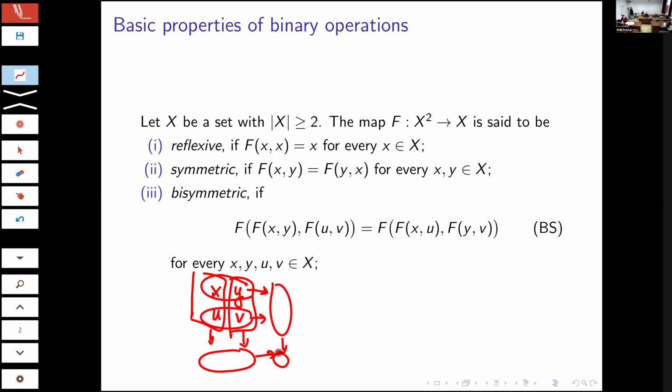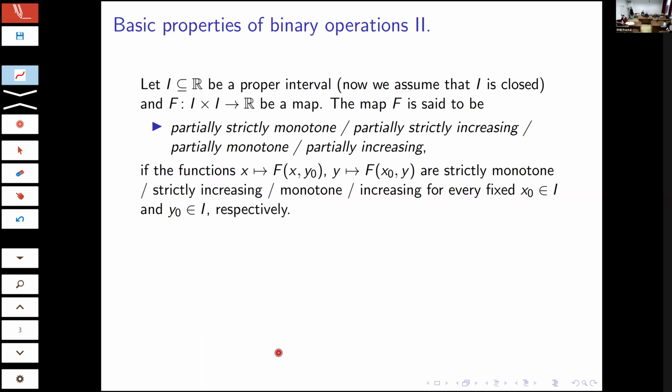So this is one of the basic properties, and we also have some analytic properties. Now we take a proper interval I, and usually I assume that it is closed. It's a technical condition, sometimes not, sometimes yes. For a while let us assume that it is closed, and then we take a function.